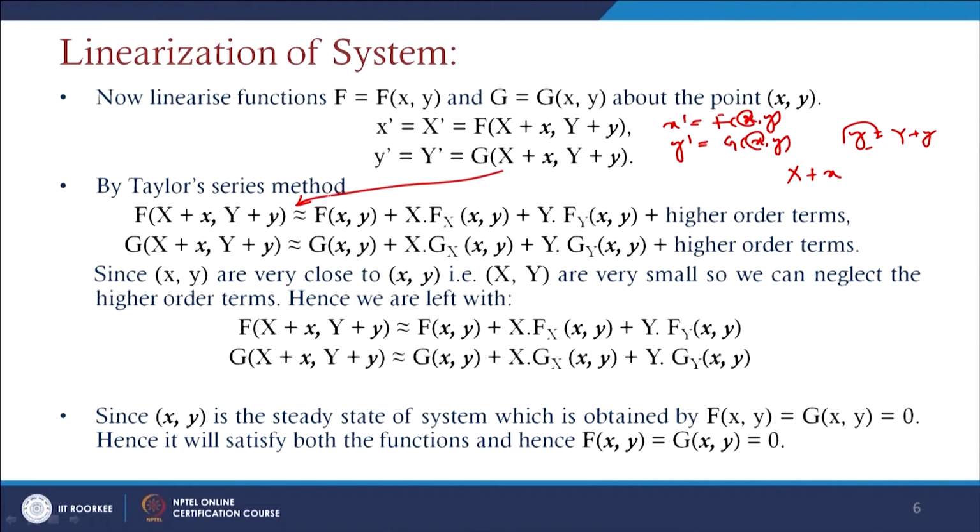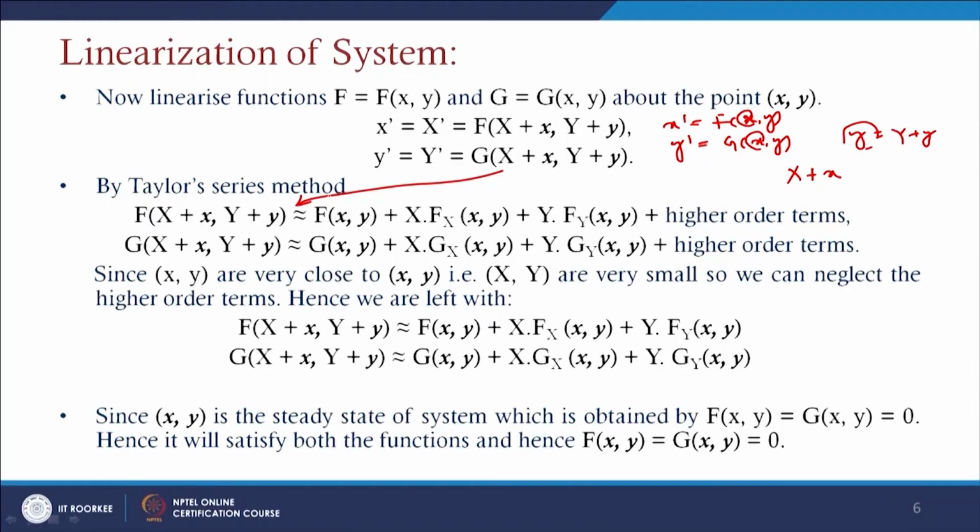We consider the small neighborhood point as capital X and capital Y here, and small x and small y as the steady state point where we can find the functional value. That is why we can use the Taylor series expansion at that point. Especially, the function should be differentiable at that point, otherwise we cannot use the Taylor series expansion.